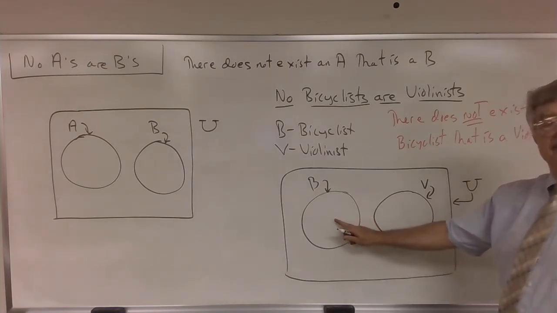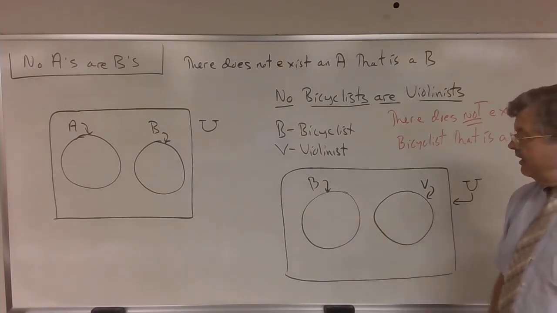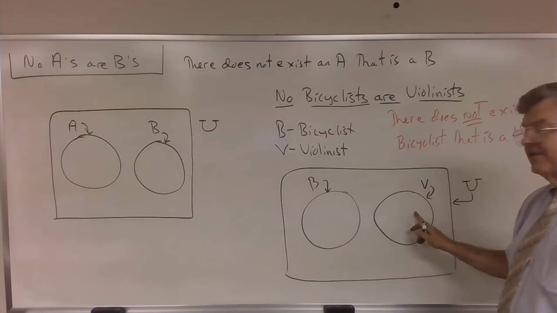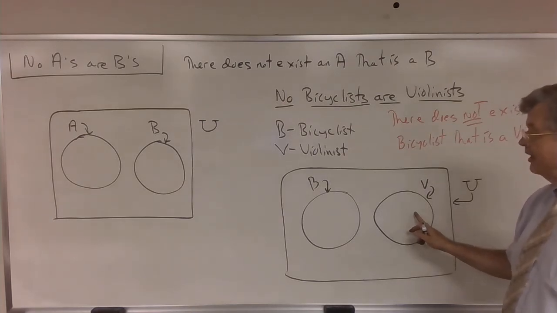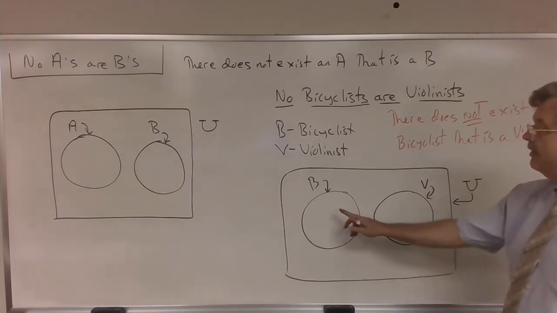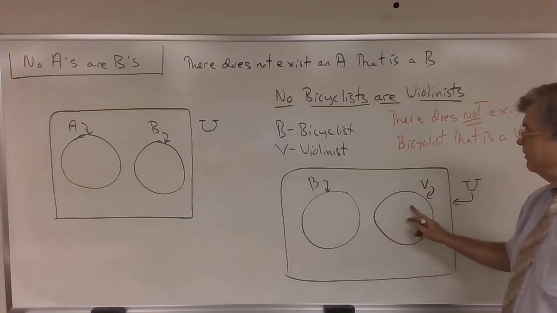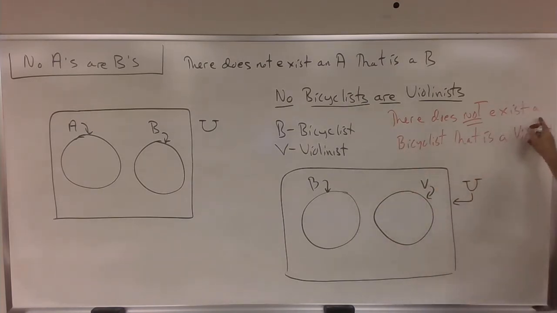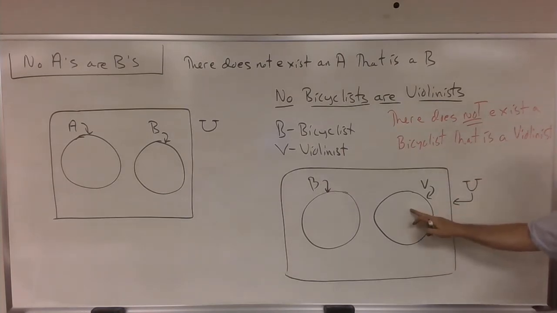Any element in this set is a bicyclist, and the way we've drawn the diagram, no element in the bicyclist set can be in the violinist set because we've drawn them disjoint. So no bicyclist is a violinist. There does not exist a bicyclist that's in the violinist set.